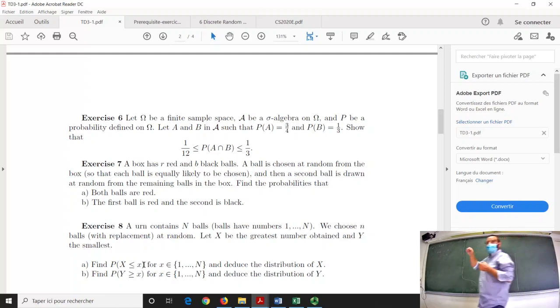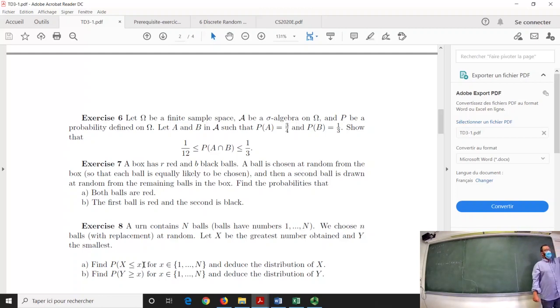So I can deduce from these two inclusions that the probability of the intersection is less than P of A and less than P of B. So I can say that it's less than the minimum between P of A and P of B. I want to have the best bound, I choose the smaller one between P of A and P of B.